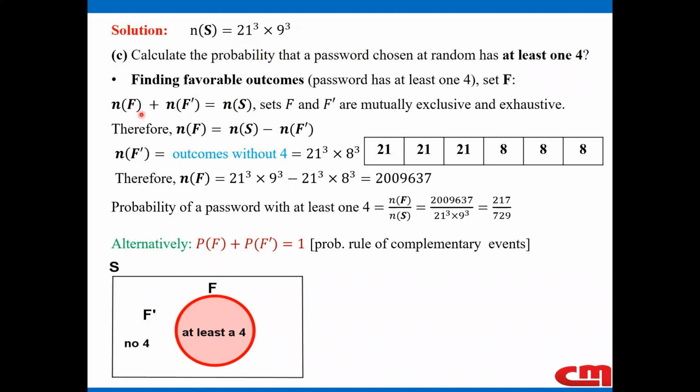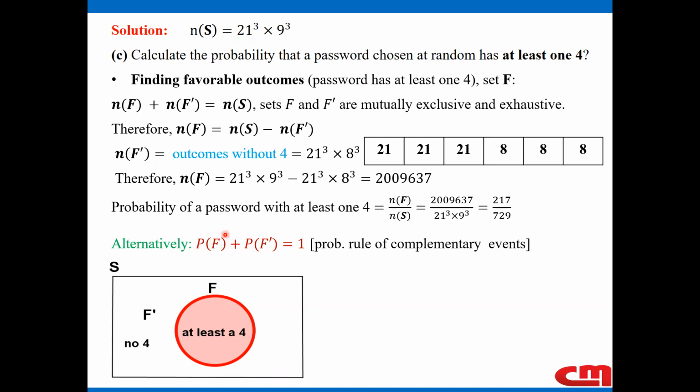It is a fraction, and it is the probability of the sets in question, which is what I have here. So the fact that I want the probability of the password with at least one 4, this is the probability that I want.